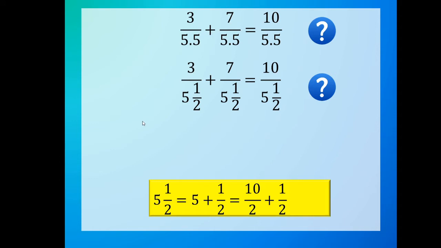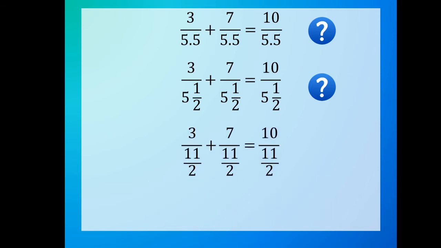Now I do know how to add these two fractions because the numerators and denominators are positive integers, and I already know how to add such fractions. You add the numerators but keep the denominators the same, and I get 11 halves. So I go ahead and exchange the 5 1/2 for 11 halves.